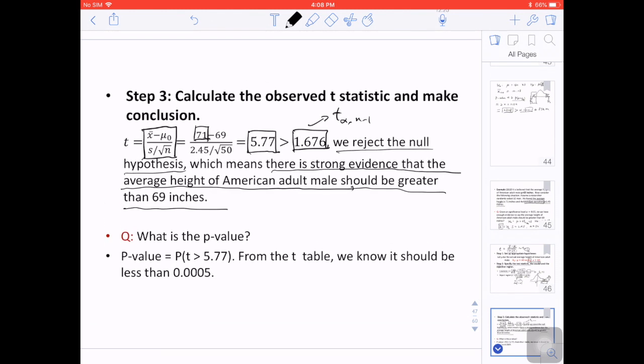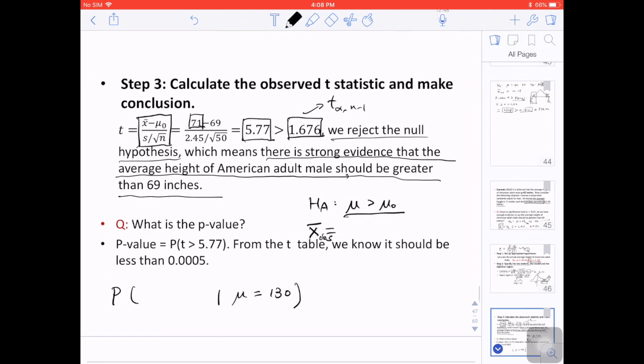Because the alternative hypothesis is mu is larger than mu 0, it's a one-tailed test, okay? So your p-value is the probability, given the null hypothesis is true, which is mu is equal to 130, of obtaining the observed result, which is 71, or more extreme, which means it goes in this direction, right?